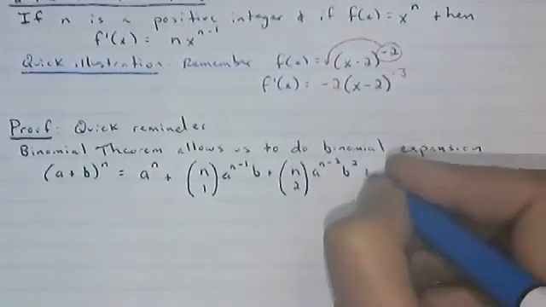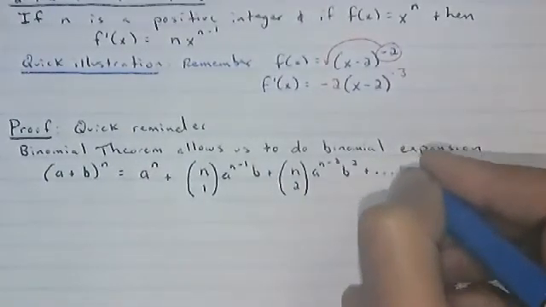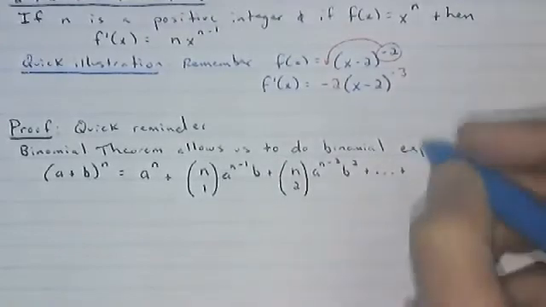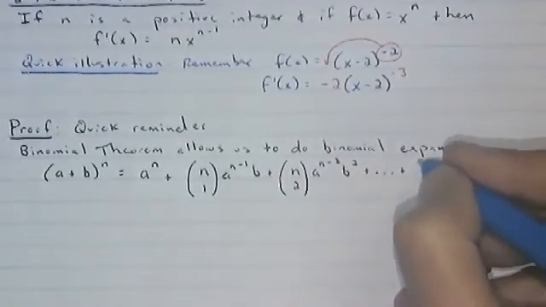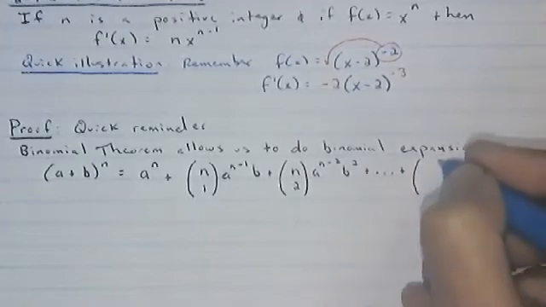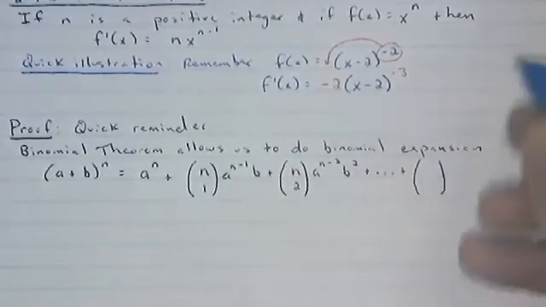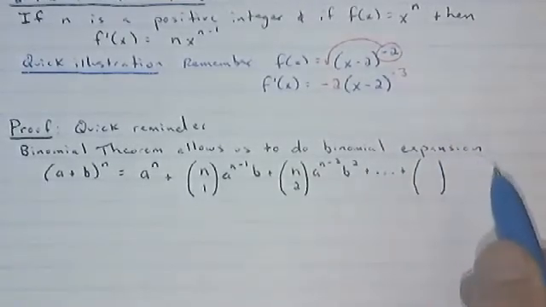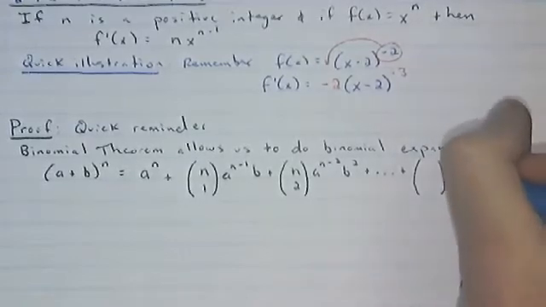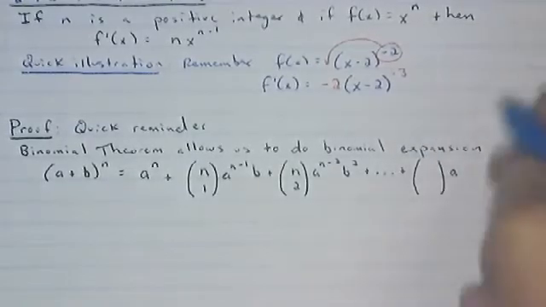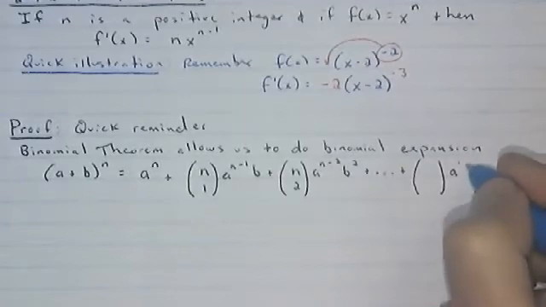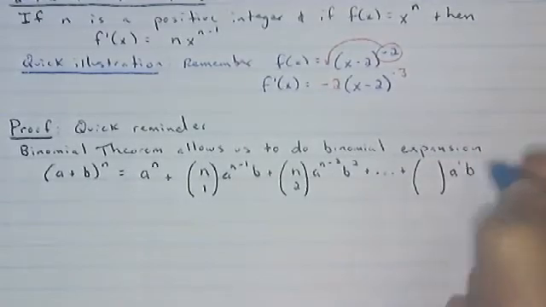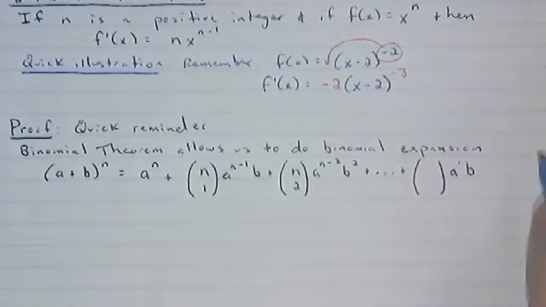And so we'll do the magical dots. The last two terms then. Let's not worry about the choose just yet. But the second to last term, we would expect to have a to the first power and b to the, what do we think?